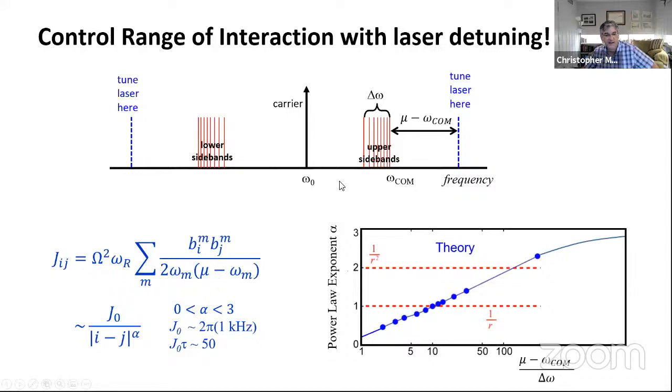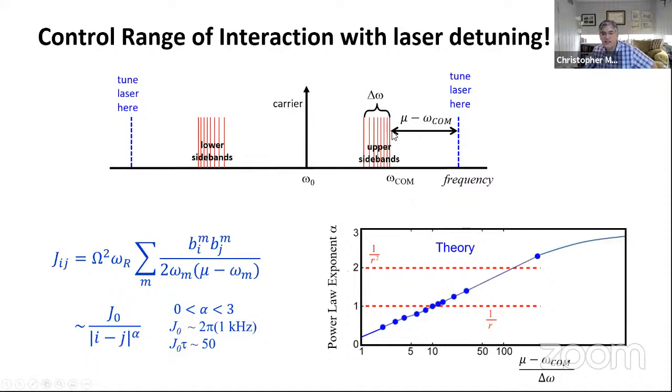In other words, by tuning the laser beam various places, you can smoothly change the power law of a very well fitted interaction strength with distance. And so I've tried to indicate that in this picture here, where the blue dots. What are we plotting here? This is the power law exponent alpha, and this is the detuning on the x-axis. The detuning scaled to the bandwidth of the sidebands. And that's sort of what's going to matter. Now, the limits make a lot of sense.